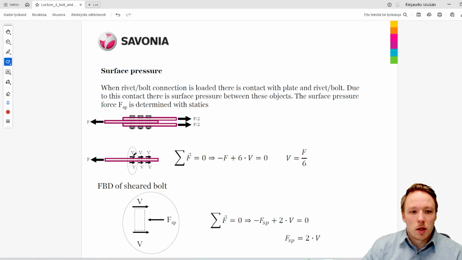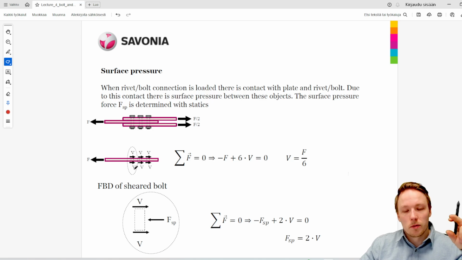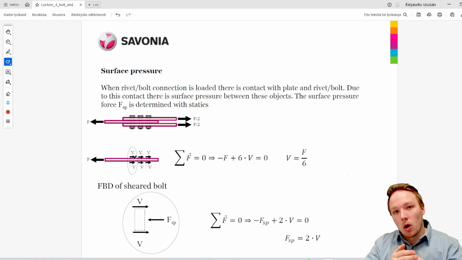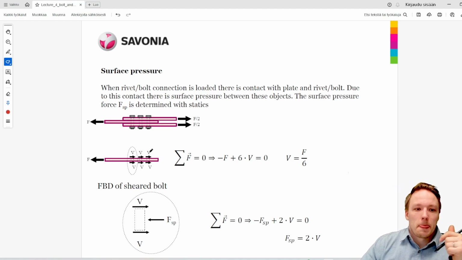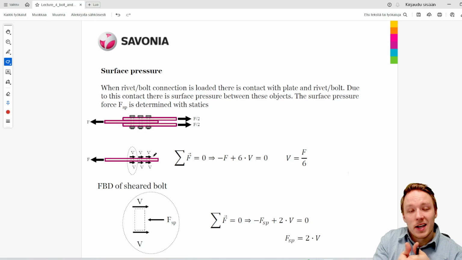So you can imagine that when we have this kind of double shear example, and we have the bolts which go through this middle plate, and there's a shear force on both ends of the bolt, on both shearing surfaces there, it means that the bolt is basically pushed against the hole in the plate. And this contact between the bolt and the plate is the surface pressure that is affecting on the bolt.